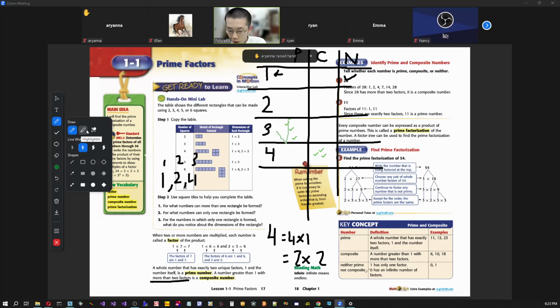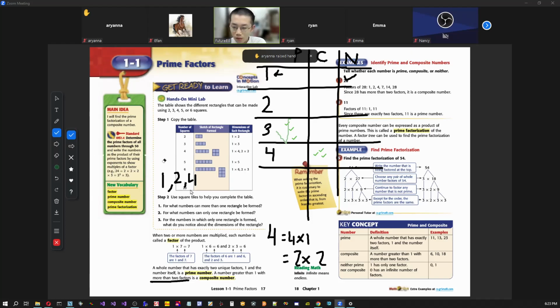So is 3 greater than 2? Well, of course. 3 is greater than 2. So we see that 4 has more than 2 factors, so 4 is a composite number. So you guys got this one correct.